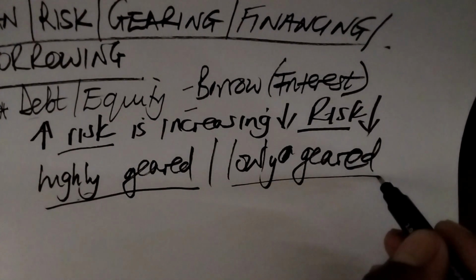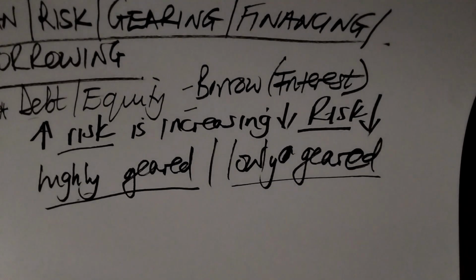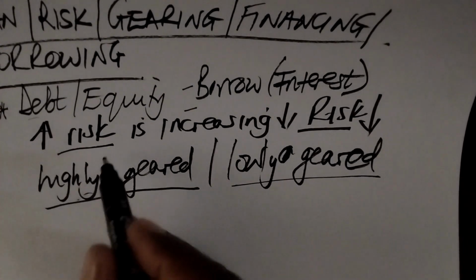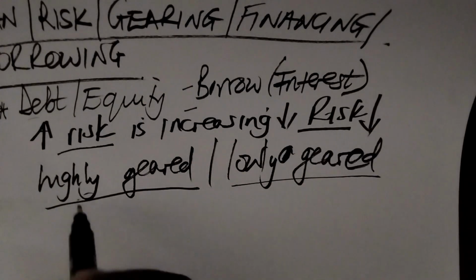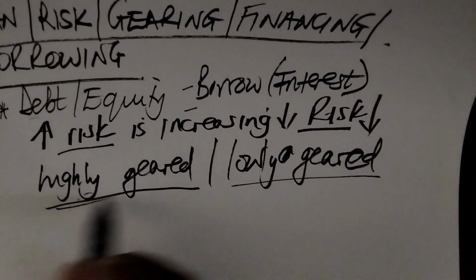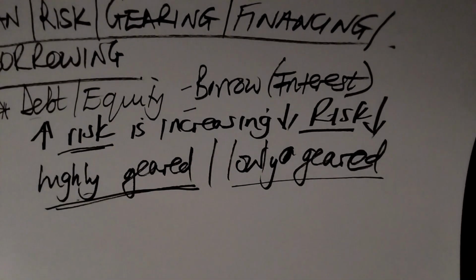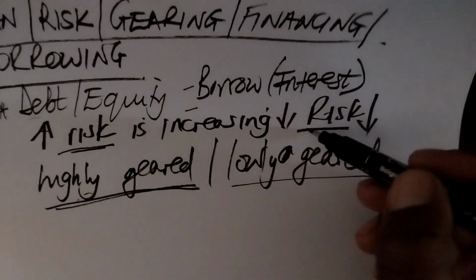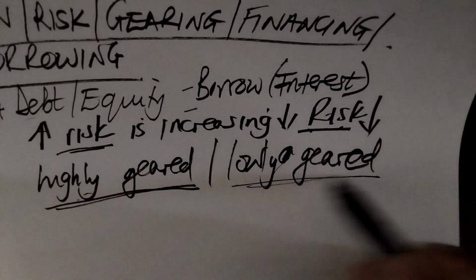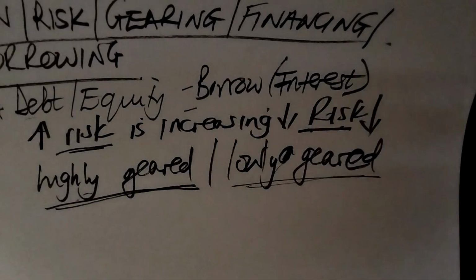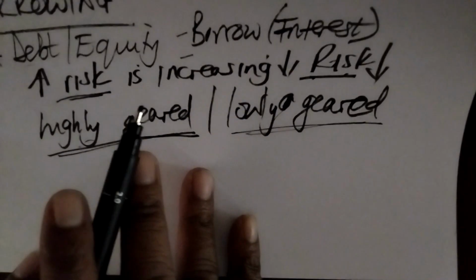If a business is lowly geared, we're saying the majority of the assets that the business has are bought using own capital. So the more borrowed capital you use, the more highly geared you become, and the higher the risk. If you use less borrowed capital, the less the risk, and it also means the business is lowly geared. Now, that's indicator number 1.